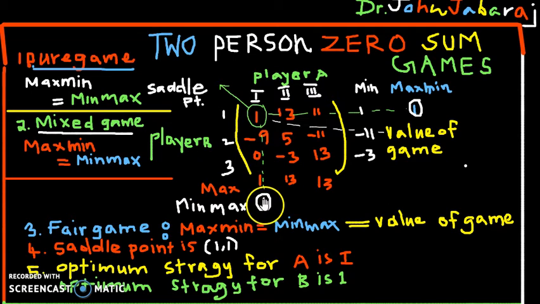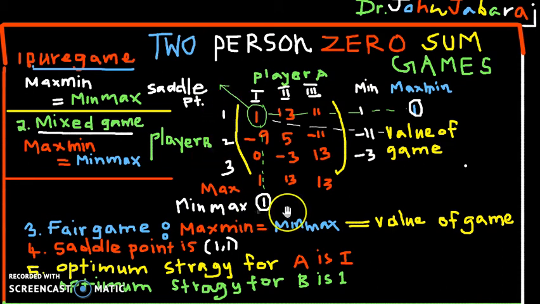So this is a fair game, F-A-I-R, fair game, because maximin equals minimax equals the value of the game. Therefore this particular game we call a fair game.